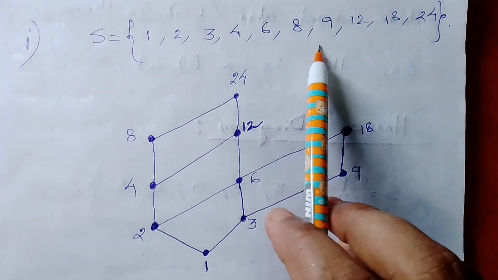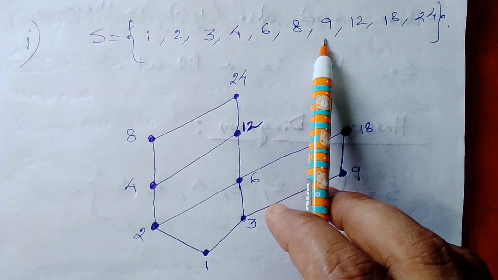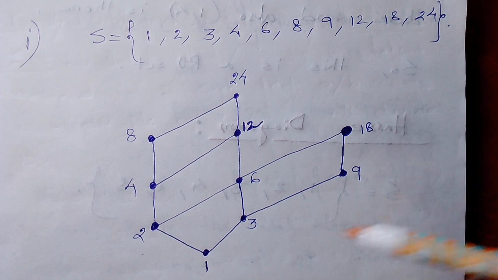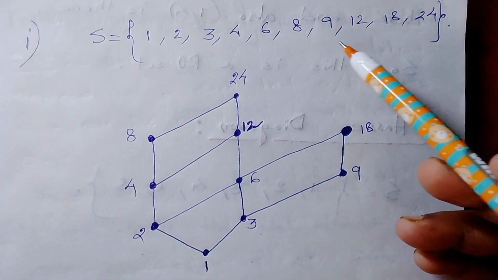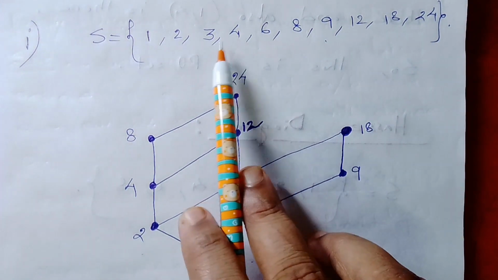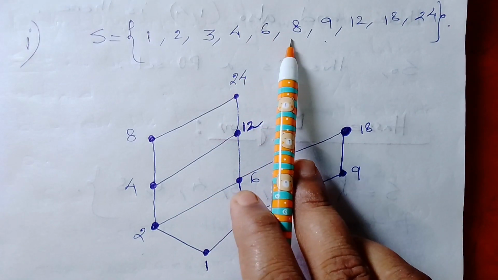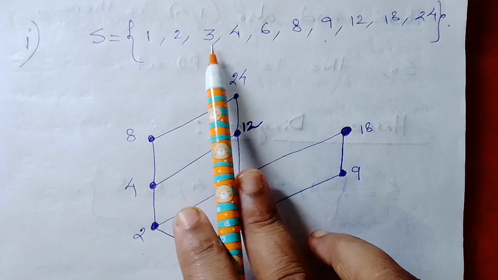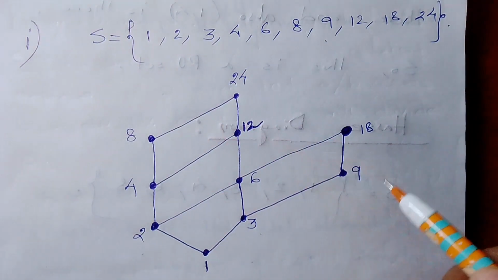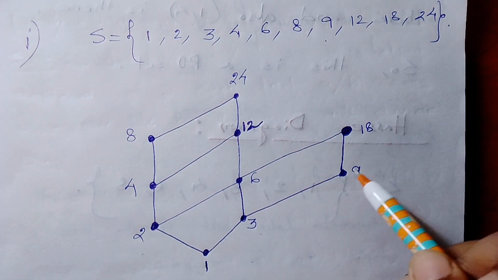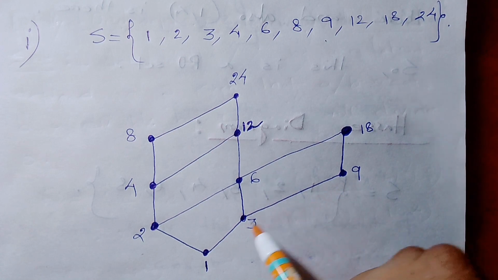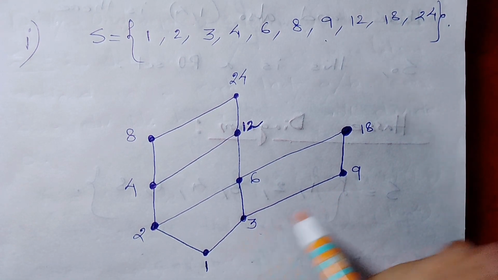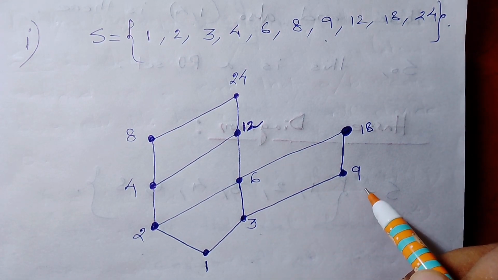Then we will pick the next element, that is 9. 9 will be divided by 3 only, because 8 can't divide 9, 6 can't divide 9, 4 can't divide 9. Only 3 will divide 9. So we will draw an edge joining these two vertices, 3 and 9.